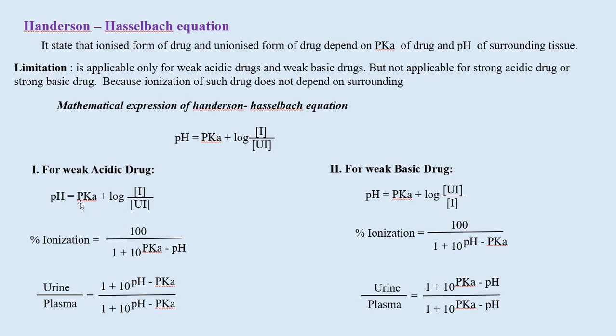If you want to write the equation for a weak basic drug, it is the same equation, just change the numerator and denominator. pH is equal to pKa plus log of unionized form of drug divided by ionized form of drug. For a weak acidic drug, the ionized form is on the upper side, and for a weak basic drug, the unionized form is on the upper side.